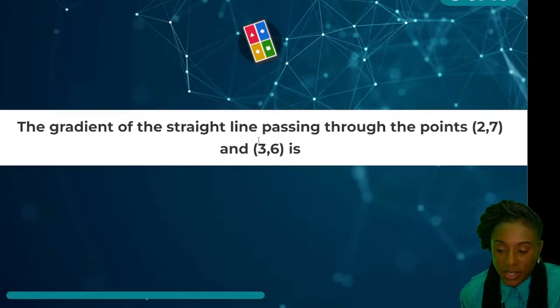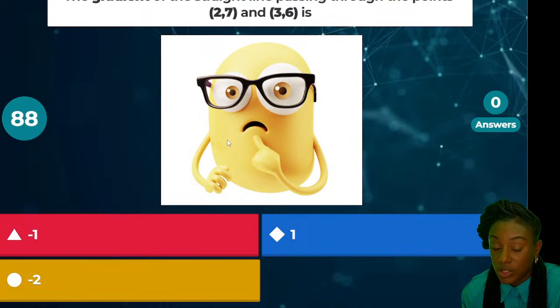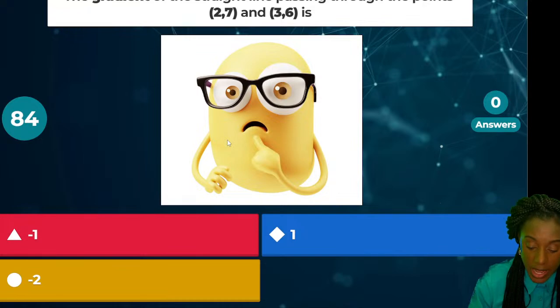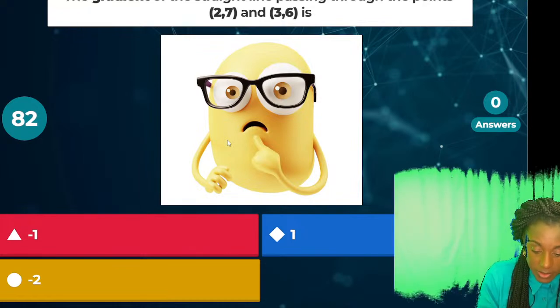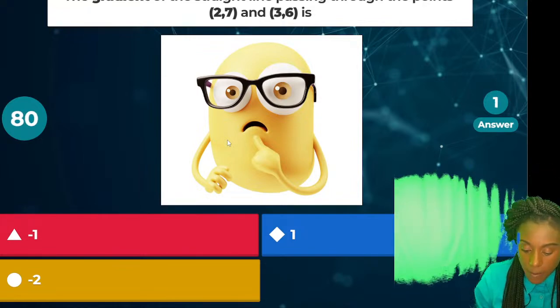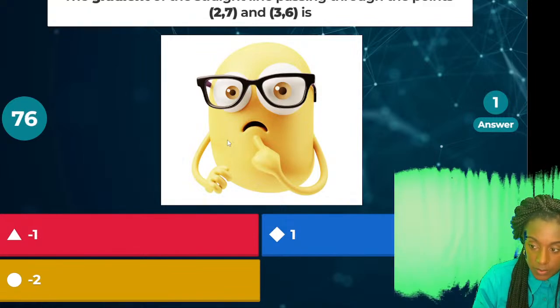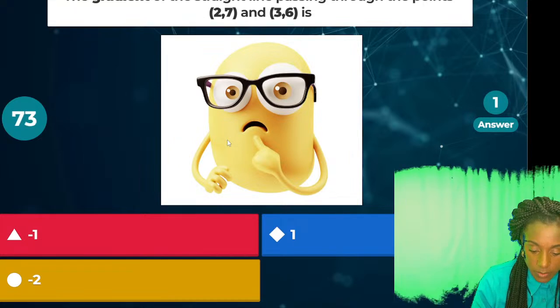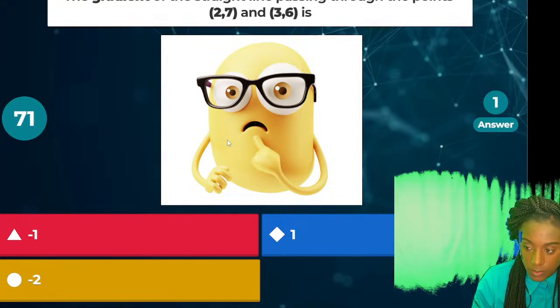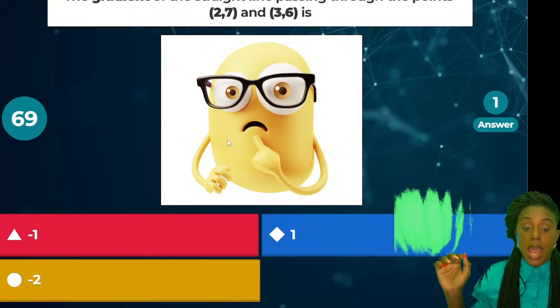So the next question: the gradient of a straight line passing through the points (2, 7) and (3, 6). Here you have to do a bit of calculation. Calculate the gradient for me, please, passing through these 2 points. I will tell you all the formula.